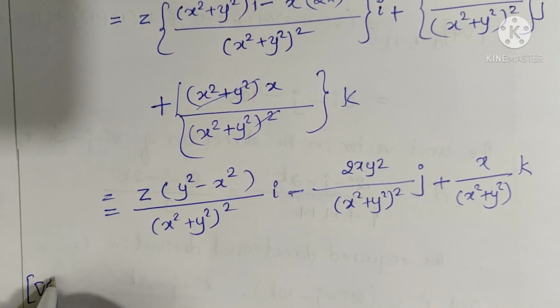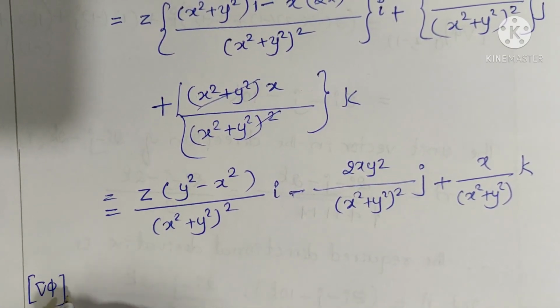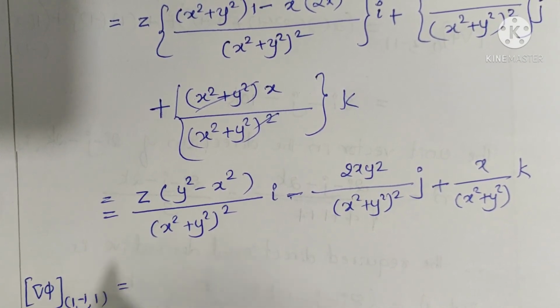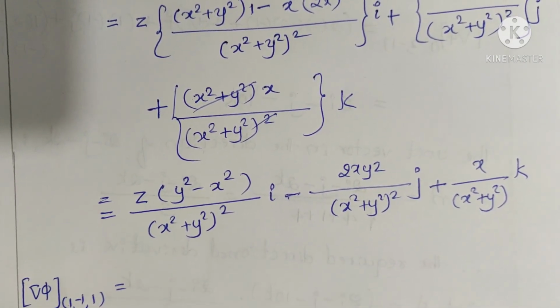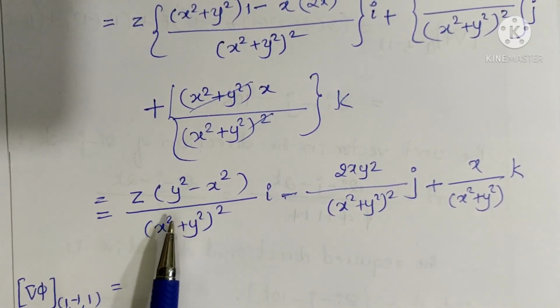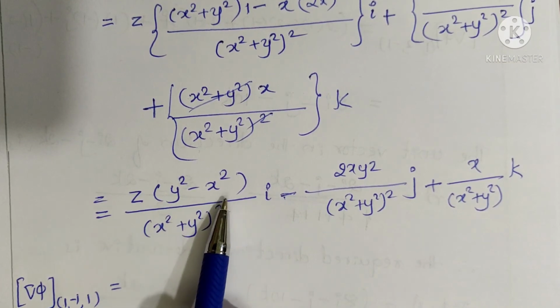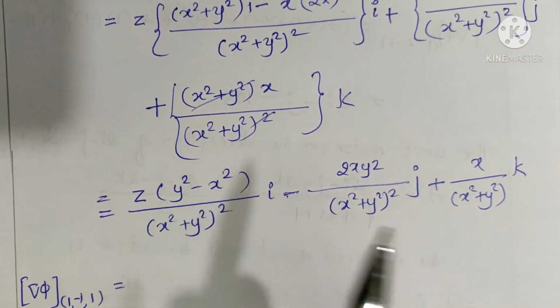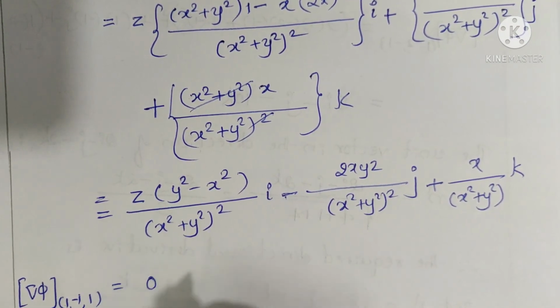So now at given points, del phi at the given point 1, minus 1, 1 is equal to, when you put x, y, z as 1, minus 1 and 1, here z will be 1, here 1 minus 1 only. So this becomes 0.